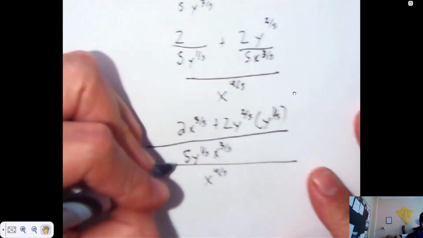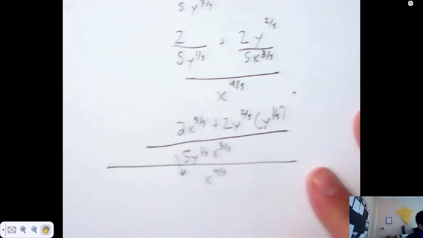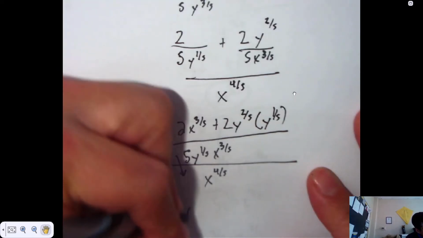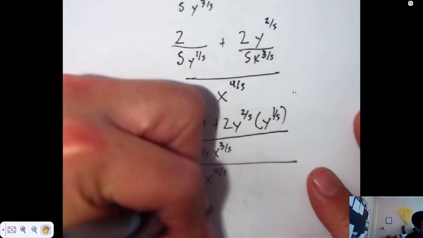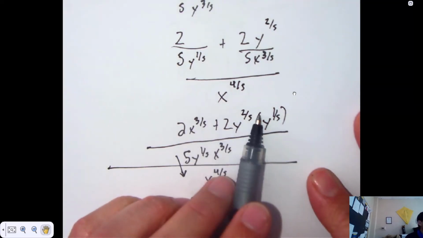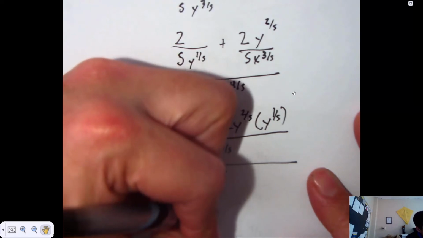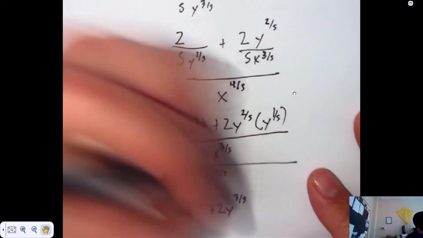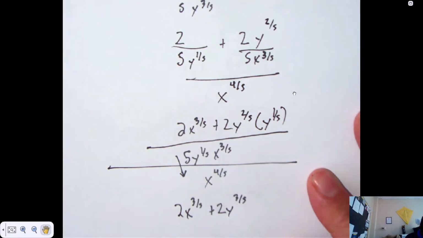This is where we do that drop down step. All of that drops down. That's where division actually happens. So 2x to the 3/5 plus, we add exponents here, 2y to the 3/5. Feel like something's missing off that anyways.